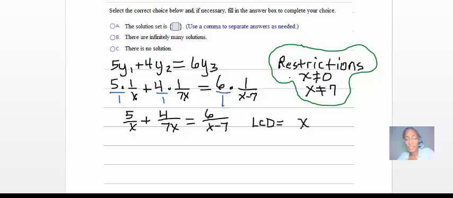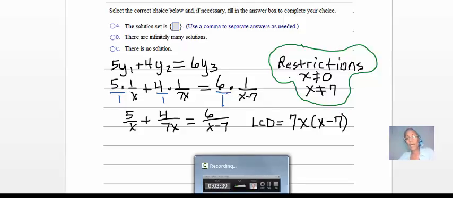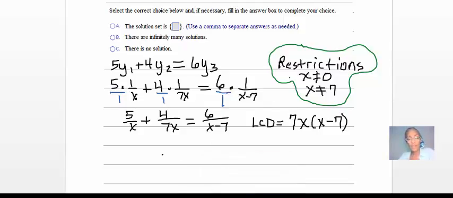That has to be in the LCD. The second denominator has 7x. Well, x is already recorded in the LCD, but now I have to make sure the 7 is a factor of the LCD, since that's a factor of the second denominator. X minus 7 has not been recorded yet as a factor in the LCD, so now I place that as one of the factors in the LCD.